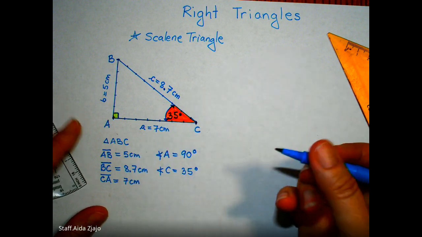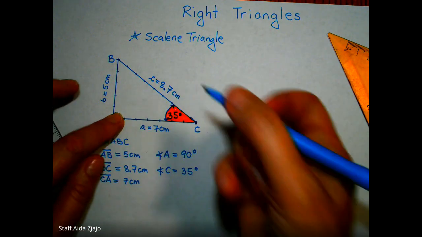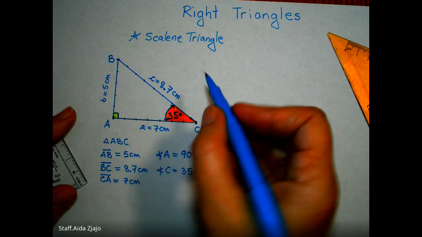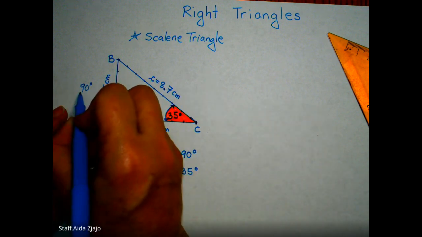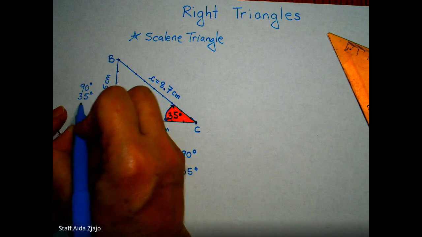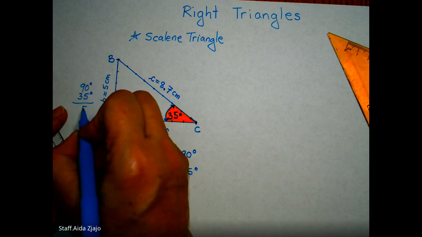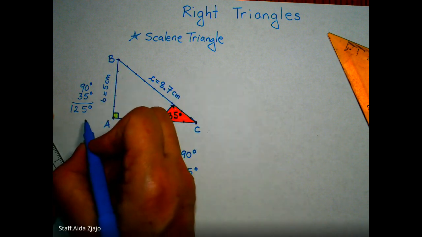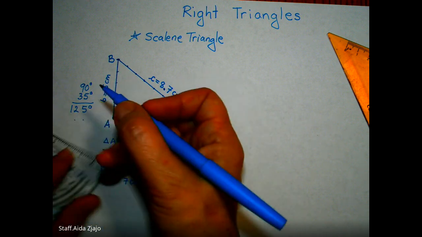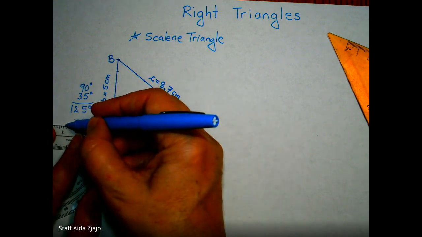Okay, we know then this is 90 degrees. We don't label it, but we know it, so we can put 90 degrees plus 35 degrees. That will give us 125 degrees. And then we can think what other angle would add up to that.